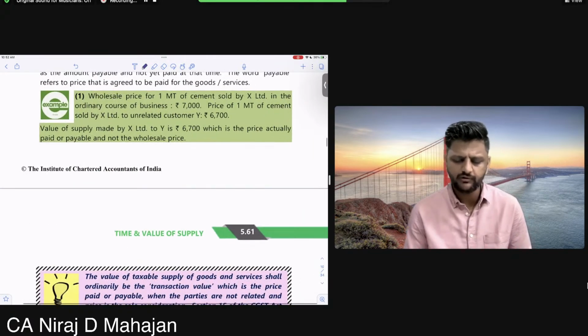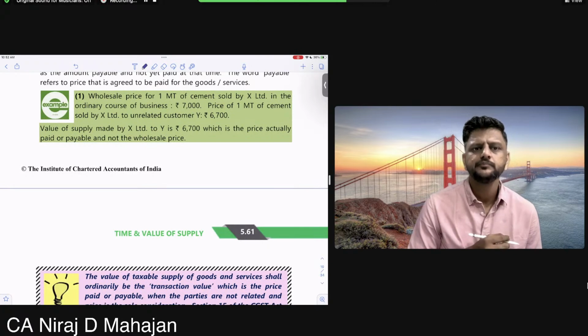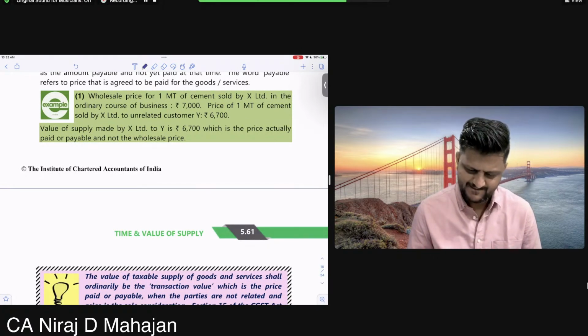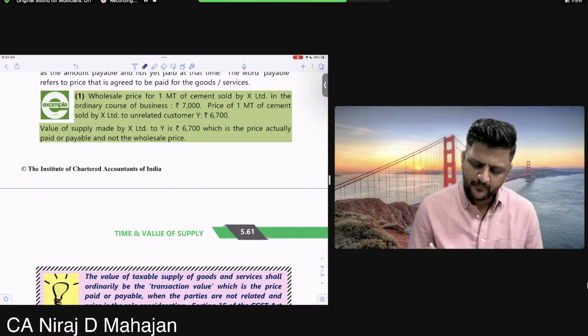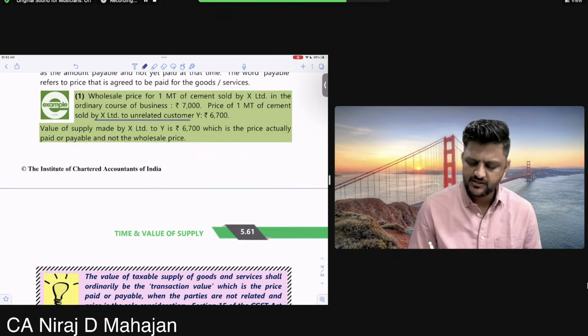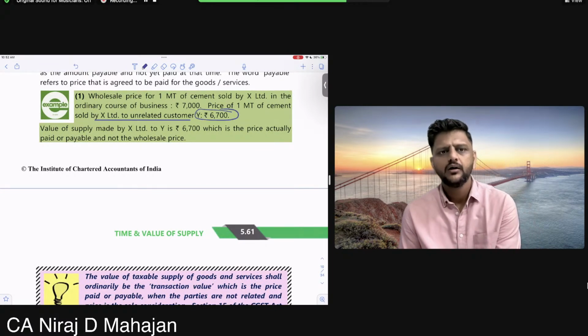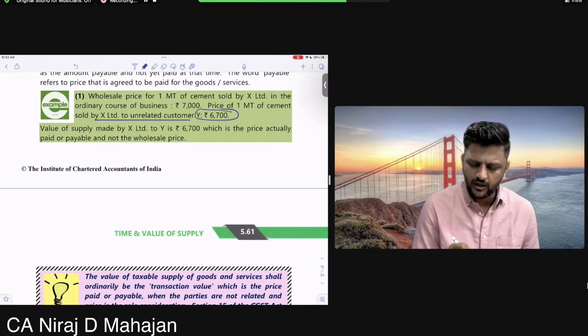Chalo. Wholesale price of 1 metric ton of cement sold by X Limited in the ordinary course of business is 7,000. Okay. Price of 1 metric ton of cement sold by X Limited to an unrelated customer is 6,700. That is completely okay, right, children? Because here look at the amount.